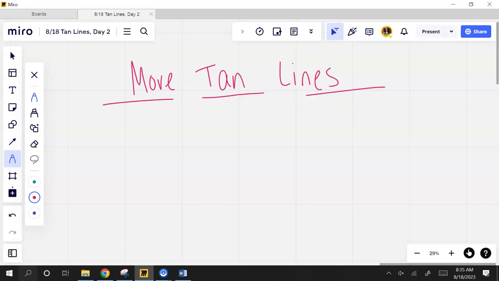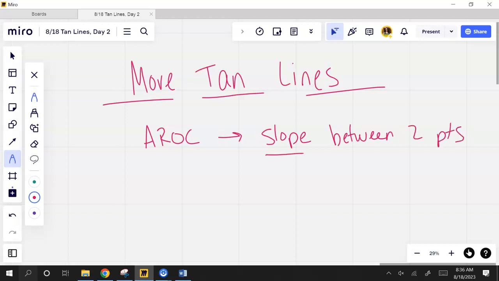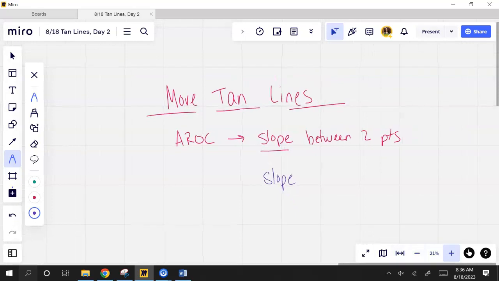Okay, some more tan lines. Let me think what I need to tell you more about tan lines so we can do these problems. We talked in the beginning, remember we were doing average rate of change? AROC, and we said that that is just slope, right? Slope on an interval or between 2 points. Well, now we've still been talking about slope, but we've been talking about slope at one specific point, and that's the slope of the tan line.